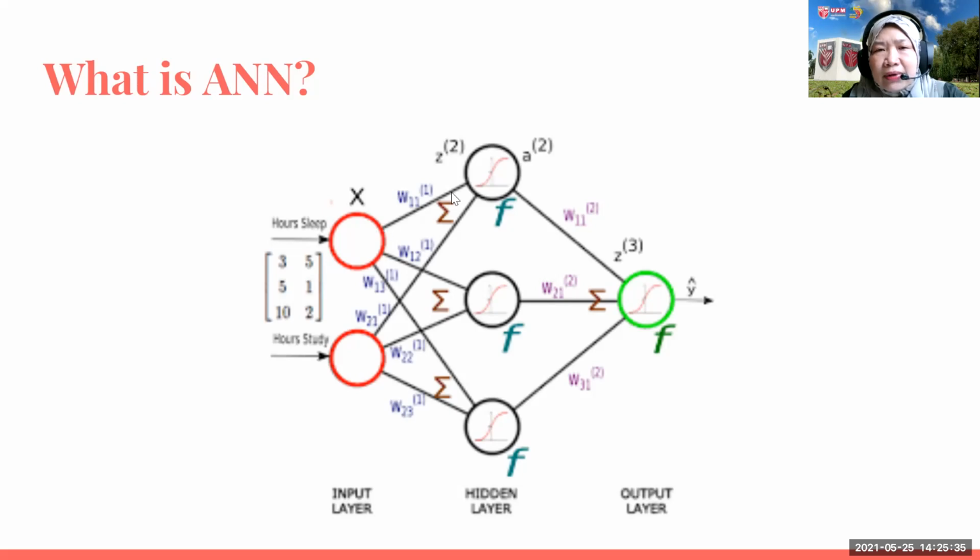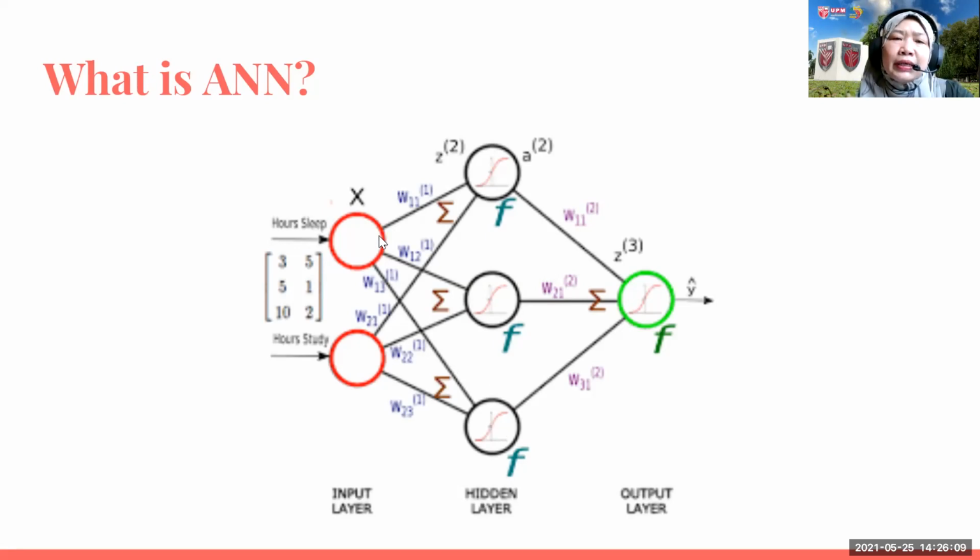Let's say this is input 1, this is input 2. Input 1 has a line connected to node 1, node 2, and node 3 in the middle. Input 2 is also connected to node 1, node 2, and node 3. Here we call it the hidden layer. So this is neuron 1, neuron 2, neuron 3.